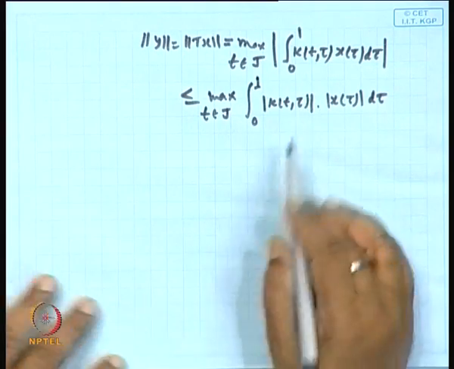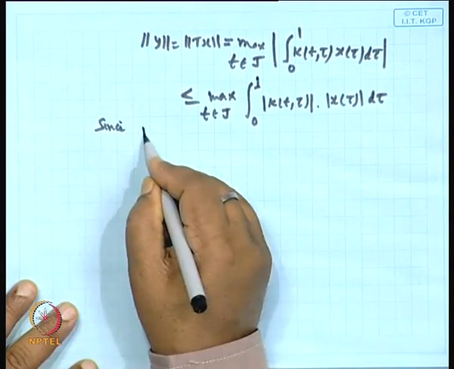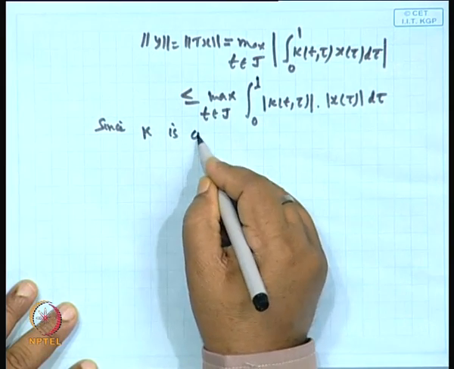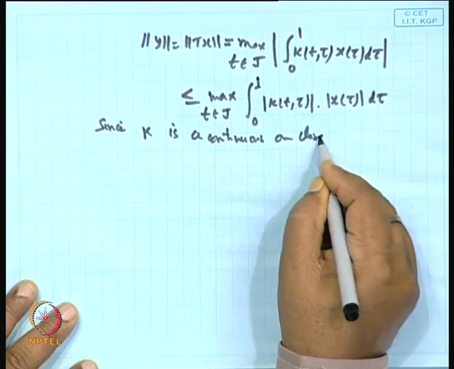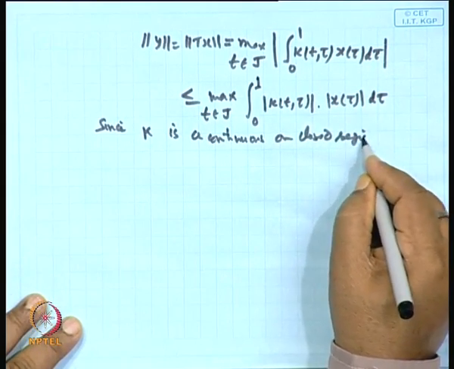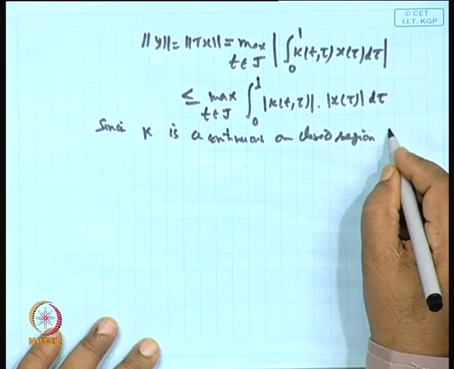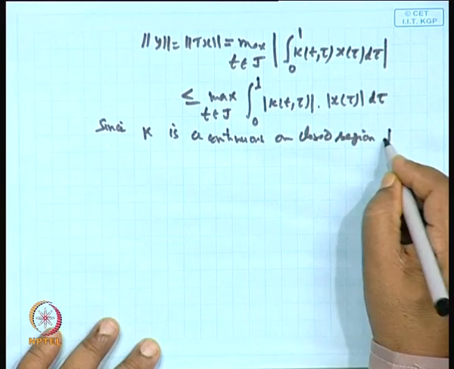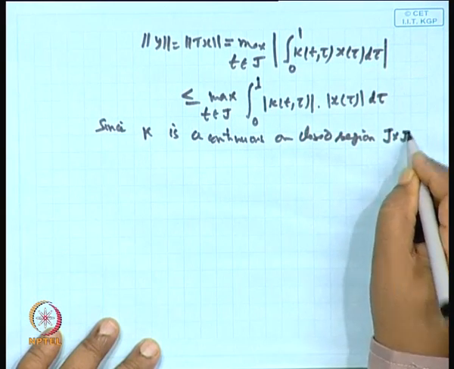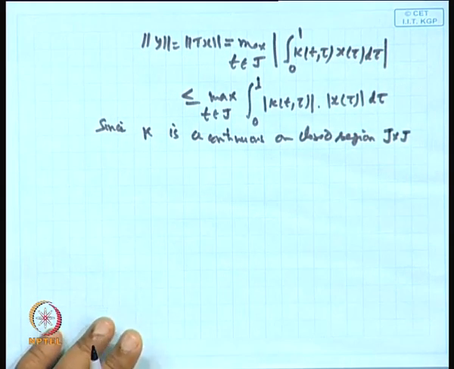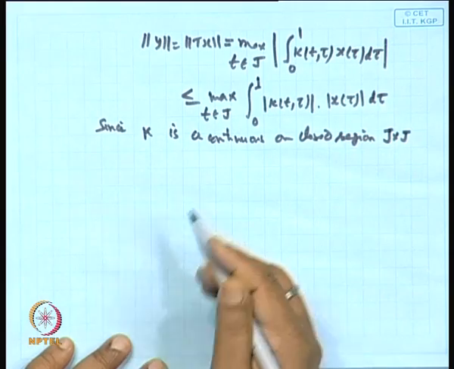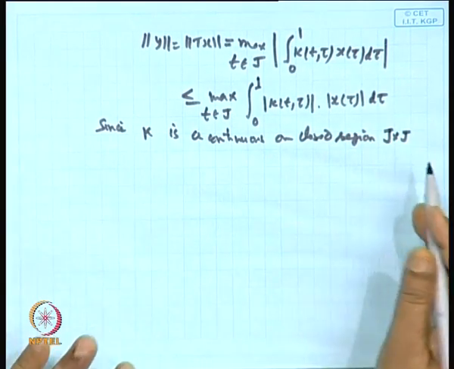Now, k is a continuous function by assumption on the closed region J cross J. On this closed region the function is continuous, so it is a bounded function. Every continuous function on a closed region is bounded.